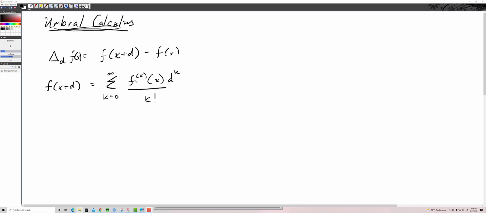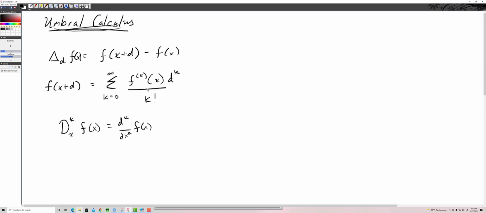Now the thing is, if we look at operators, one of the ways that they write these things is with uppercase D. This denotes, maybe you have x in there or something, the kth derivative with respect to x.